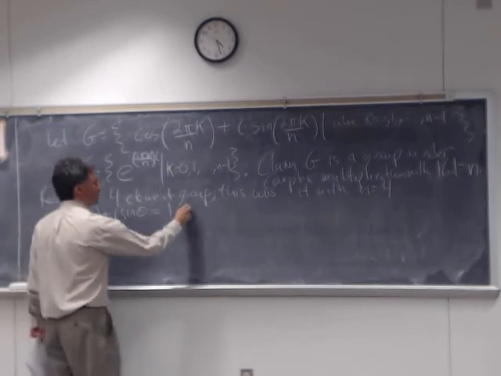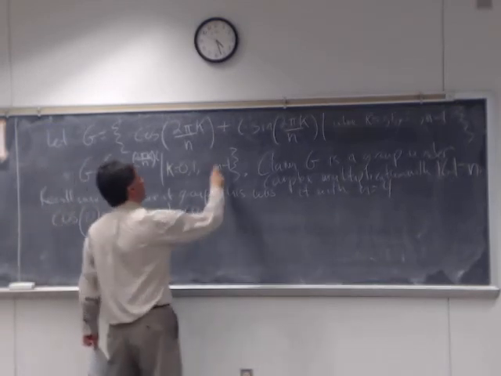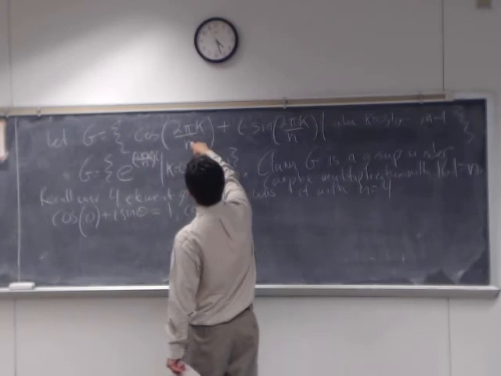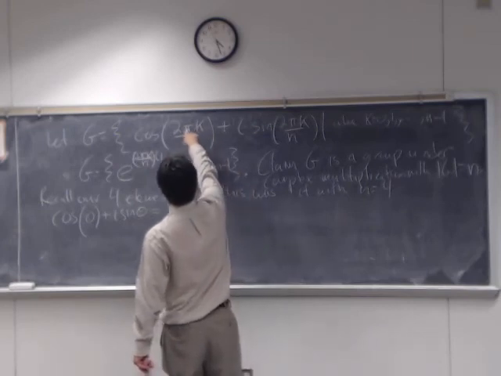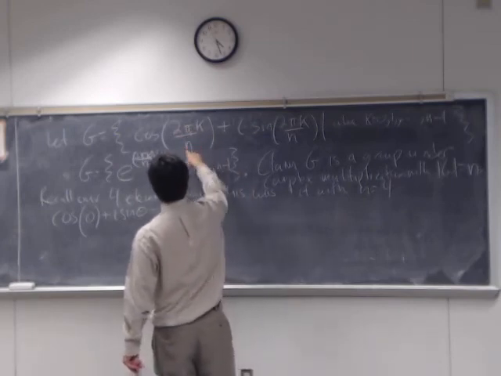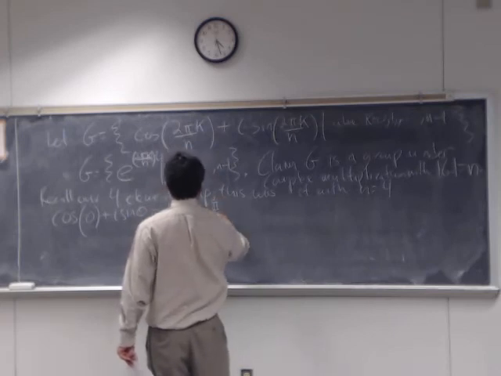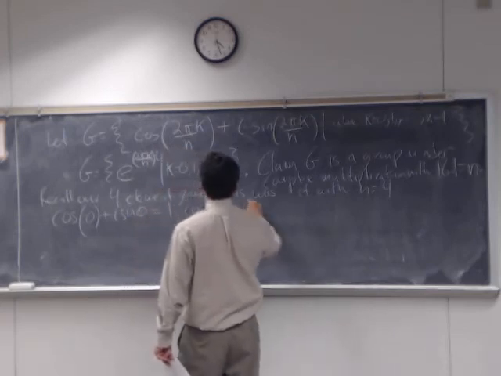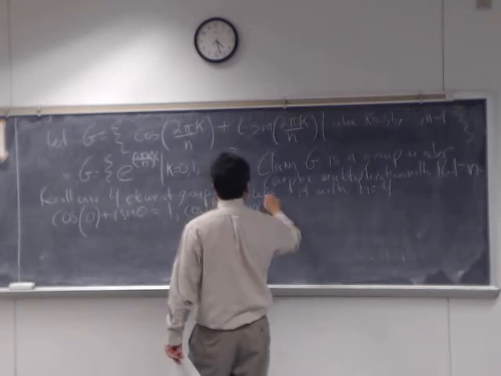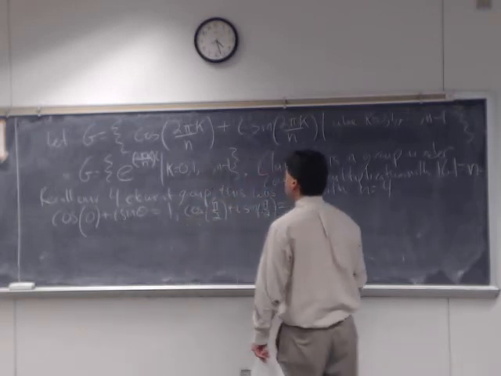When k is 1, this would be 2 pi over 4, or pi over 2. So cosine pi over 2 plus i sine pi over 2. Cosine of pi over 2 is 0.